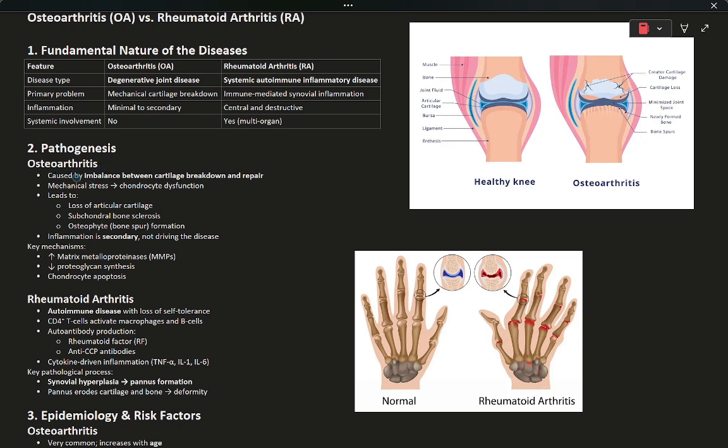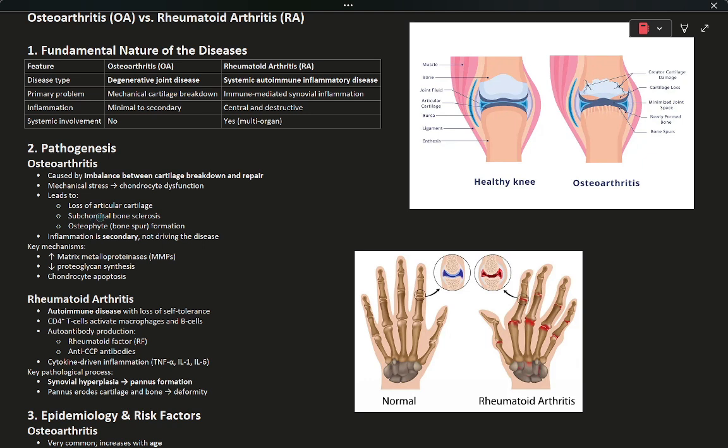For osteoarthritis, it is due to an imbalance between cartilage breakdown and repair. So, over time, as we continue to use our bones and our joints through exercise, the mechanical stress can lead to chondrocyte dysfunction, and this results in loss of articular cartilage.